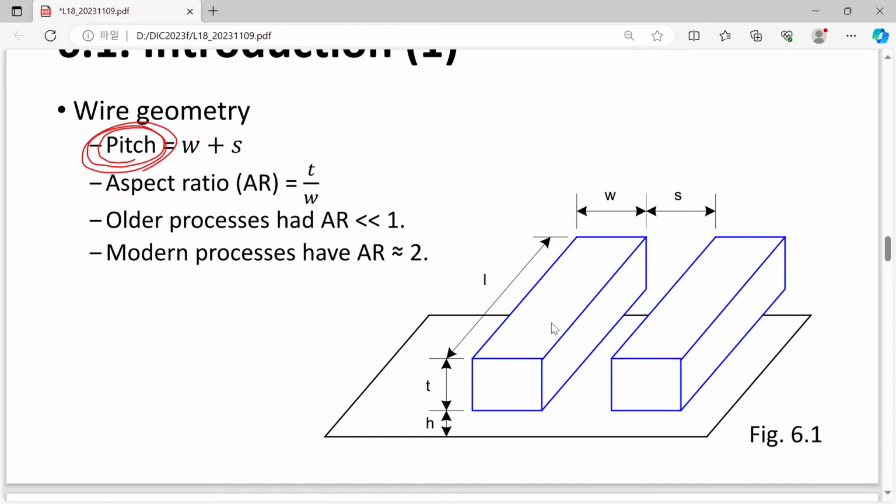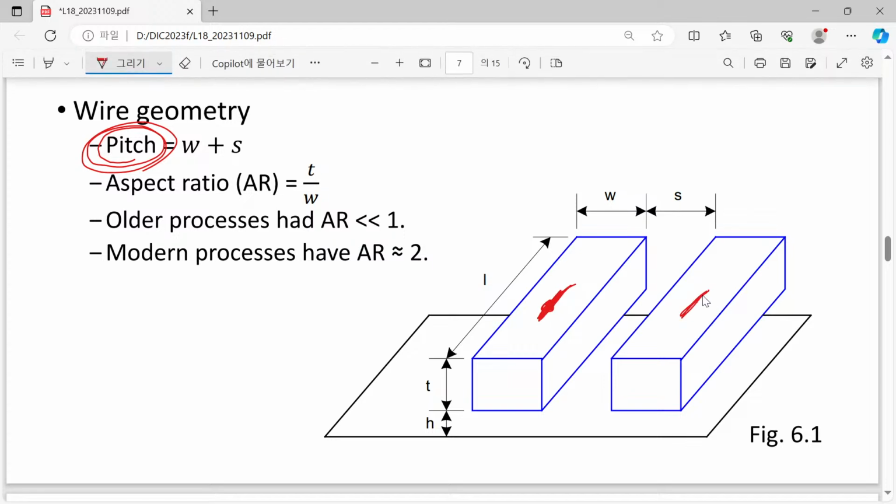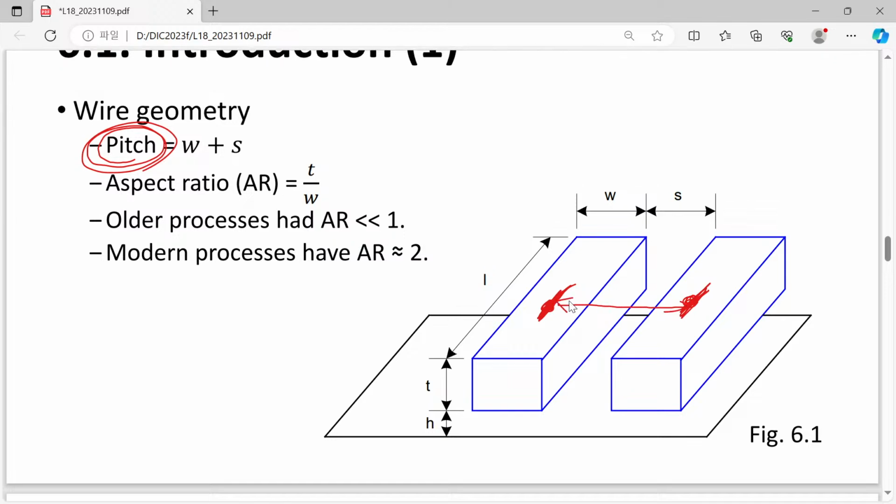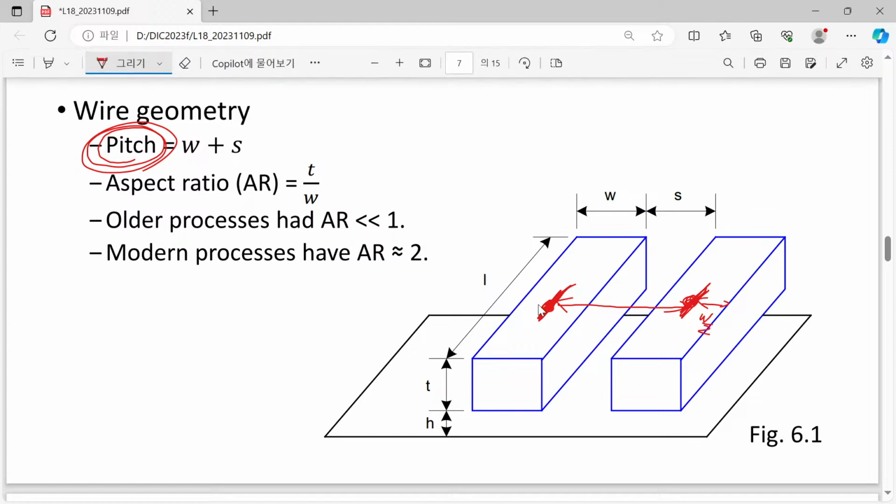Here we have one line, and I would like to measure the distance between the midpoint of this line and the midpoint of this other running wire. So that is the pitch. Here we have half of the width, and here we have half of the width, because my starting point and ending point are the midpoints of each wire.